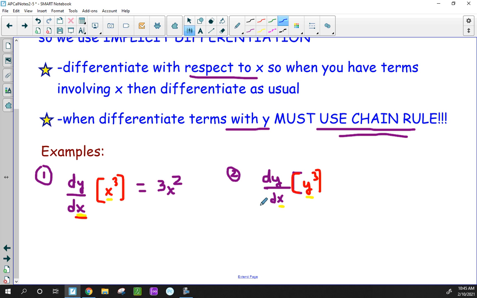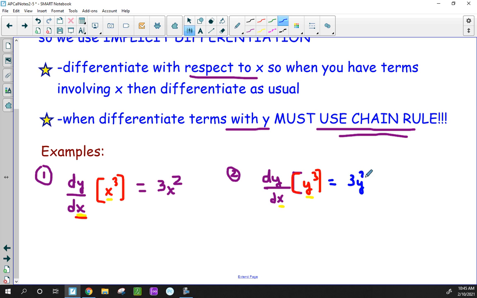Okay, so when terms do not have the same variable, please use chain rule. When this does not match this, please use chain rule. But what you're going to do first is you're just going to differentiate the outside. So treat it like it were x at the beginning. 3 times 1 is 3, y to the second.